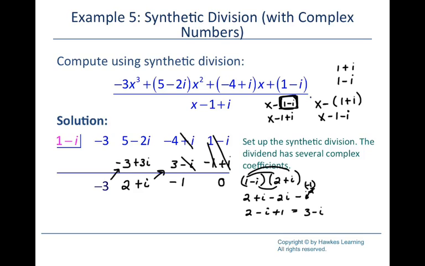Okay, so my final answer would be negative 3x squared times 2 plus i x minus 1. Okay, that would be what I'd get after I did my division. So let's go through and just look at their slides. It's taking a while to exit the drawing.